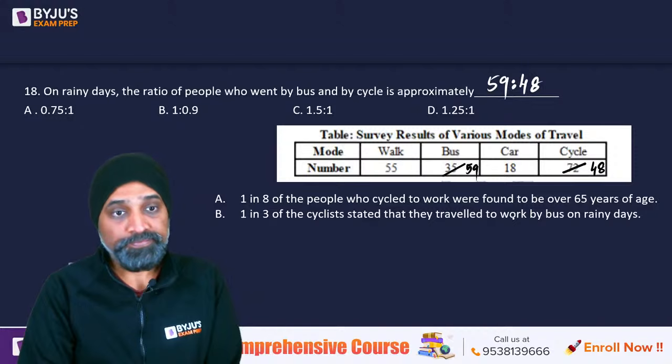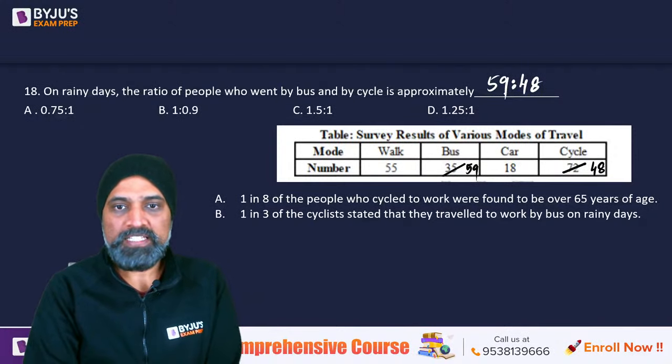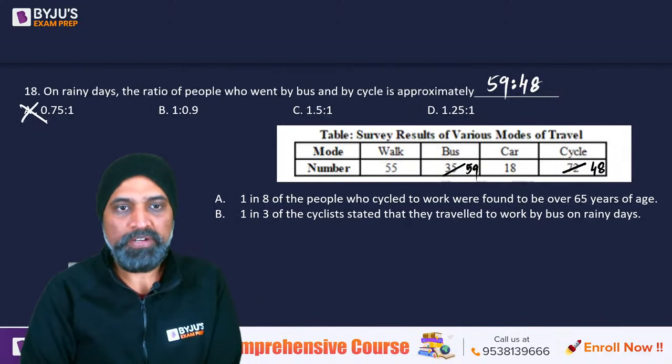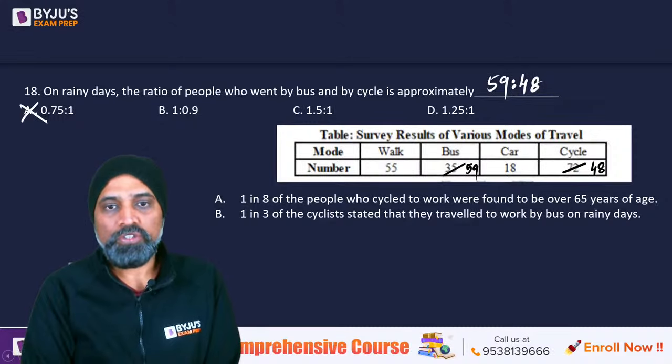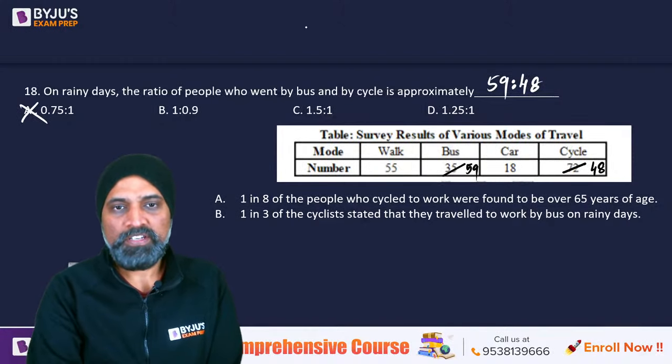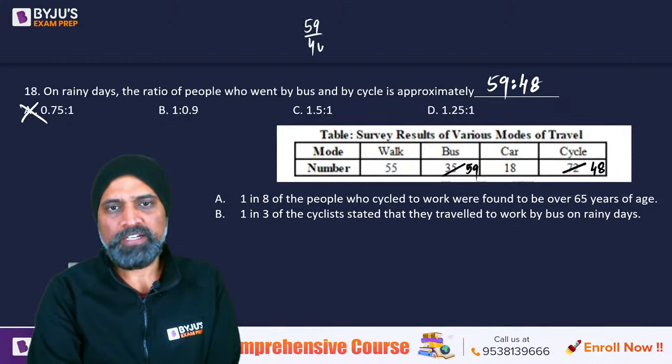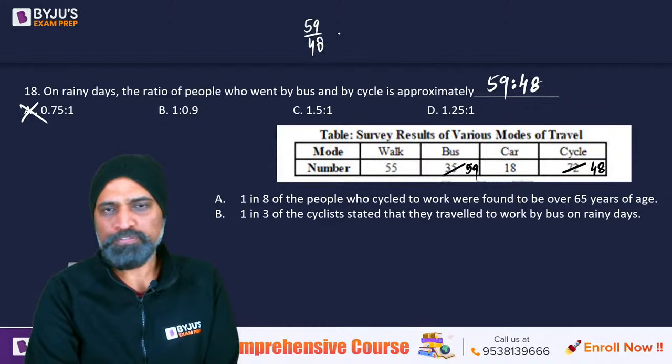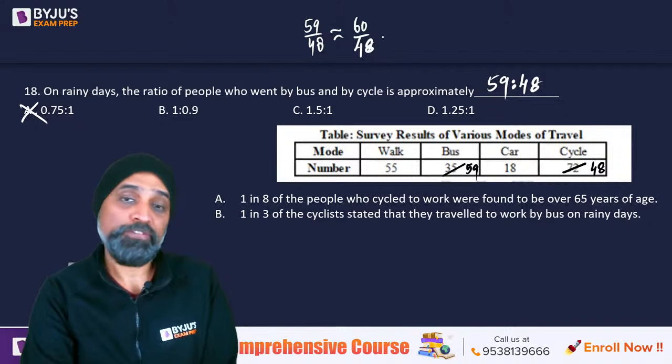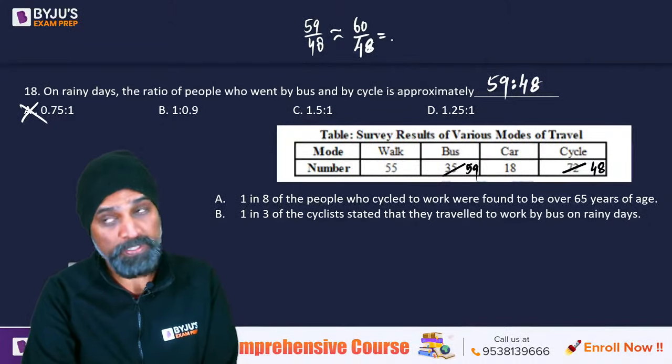Now, 59 is a larger number, so A can't be our answer. How much is 59/48? I don't know what 59/48 is. Let's do 60/48. Now 60 and 48 are both in the table of 12.